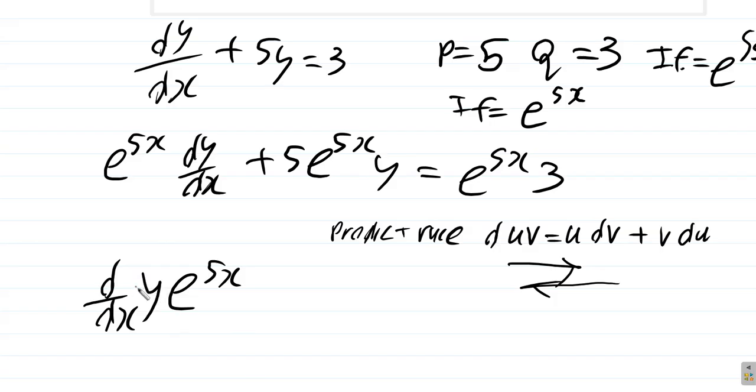If you should differentiate this, let me put it in bracket, what you get is you hold e to the 5x, differentiate y with respect to x to get dy by dx, multiply them, plus you hold y times differentiate e to the 5x with respect to x, you get 5e to the 5x. See that? And then that is equal to 3e to the 5x.